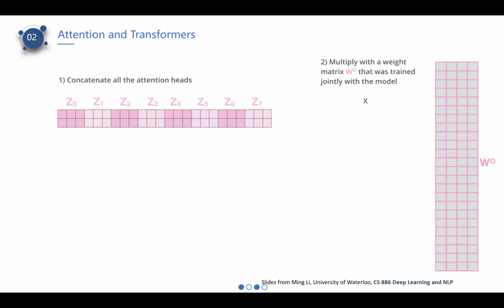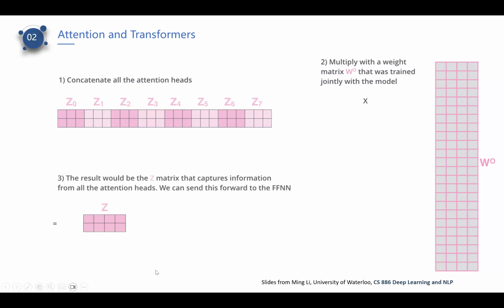Then we want to combine them and multiply with another matrix, W0, to get the final Z. This matrix will depend on the dimensions, 4 and 8. So that's the way it will work. This will be 8 heads with self-attention, where we have 2 words, 2 tokens, and each is 4-dimensional. I think you should work this out at home to really understand it and then relate it to your coding.